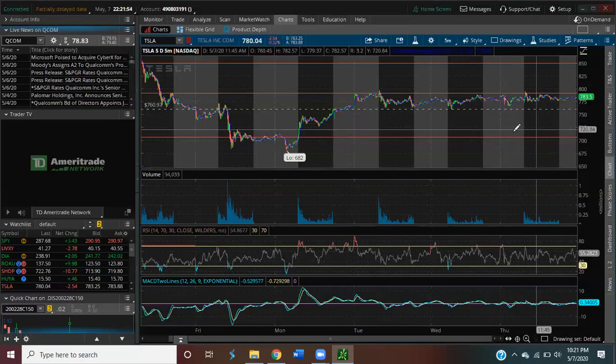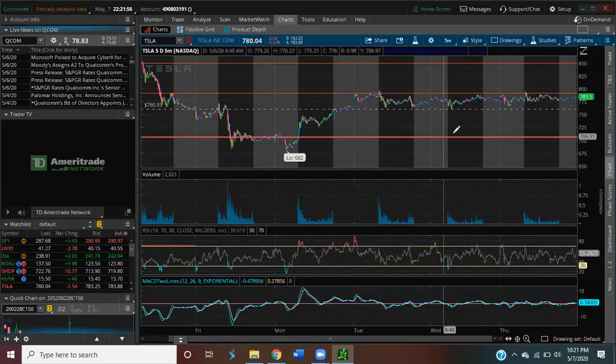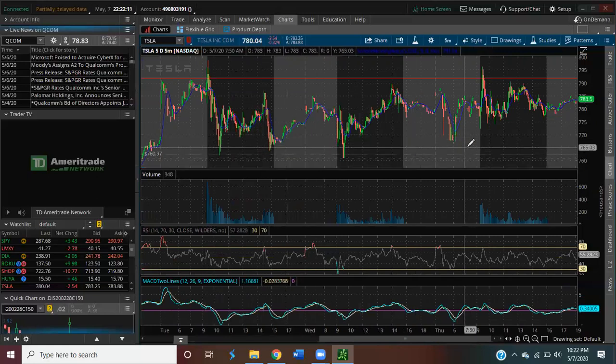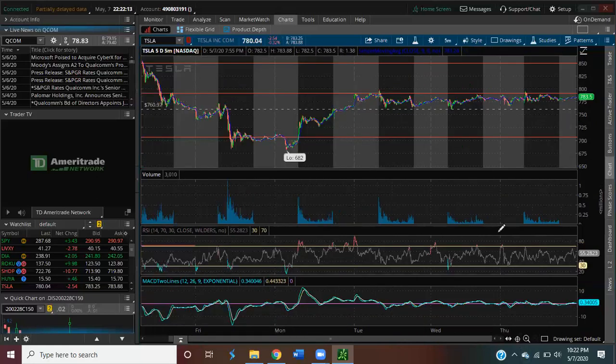So let's say if we was looking at Tesla today, which Tesla was not a good trade today. Looking at the past 5 days, you can see that this 760, which was previously a resistance a month ago, is now acting as support. Does everybody see why I say it's acting as a support?